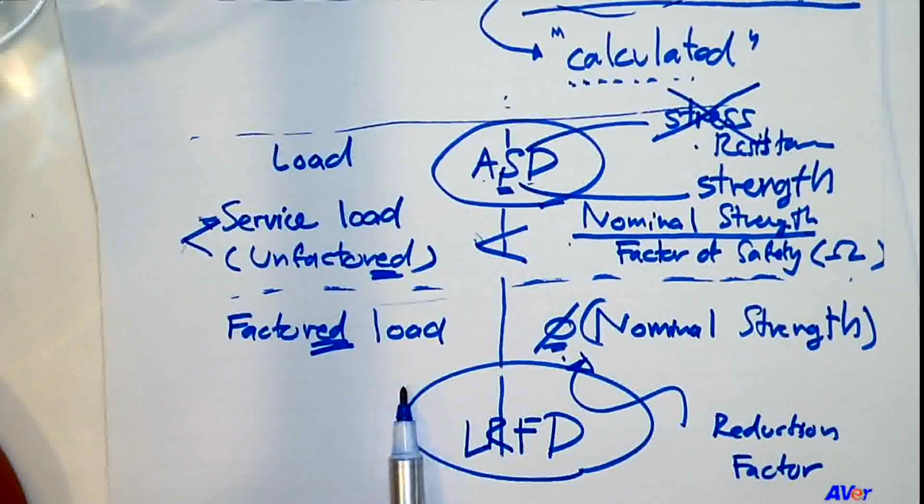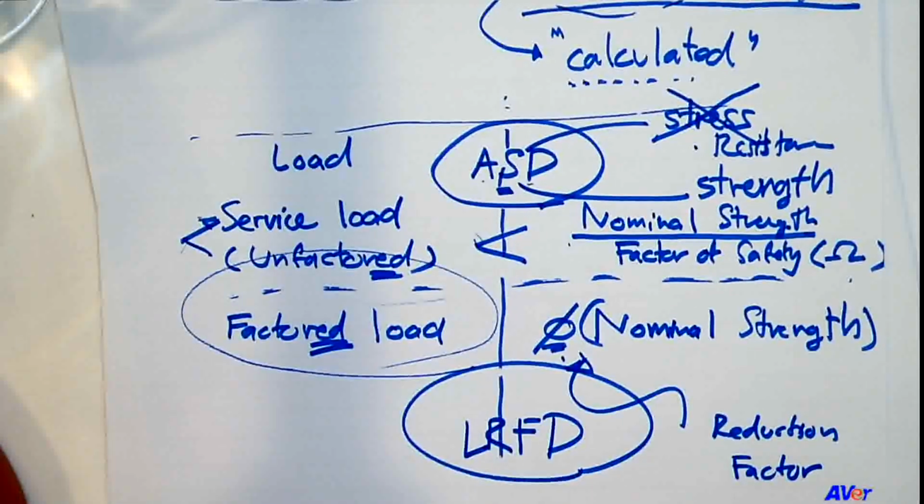For the LRFD, we take care of the uncertainty on the load side by increasing it using the factors. So we have the load perhaps more than the normal number. But we're going to use the strength as much as we could as well, with some deduction to account for the fact that we don't actually know, say first, how big your beam is.